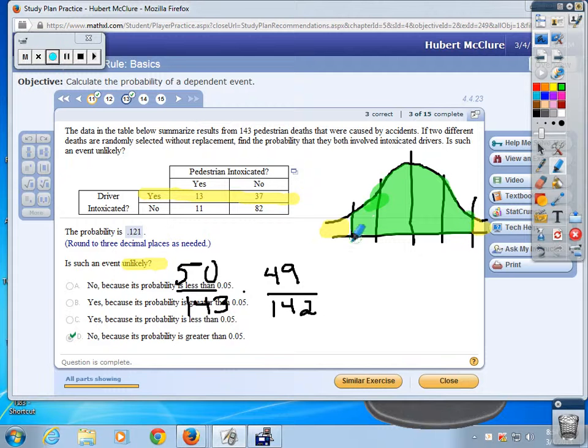The yellow is 5%. What is 12%? It's greater than 5%. So it jumps out of the yellow into the green, so it's normal or usual. So is such an event unusual? No, because the probability is greater than 0.05. It always helps to draw that. I should have done that on the last one.